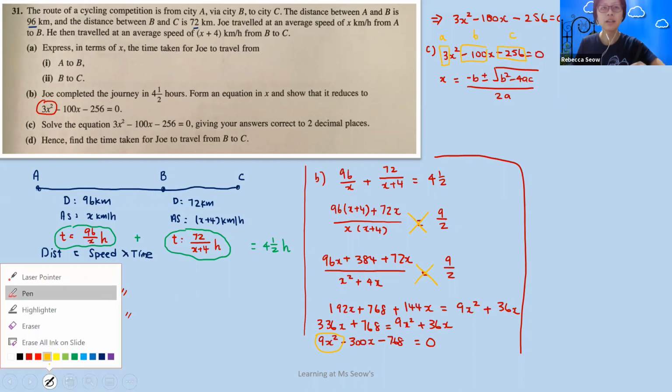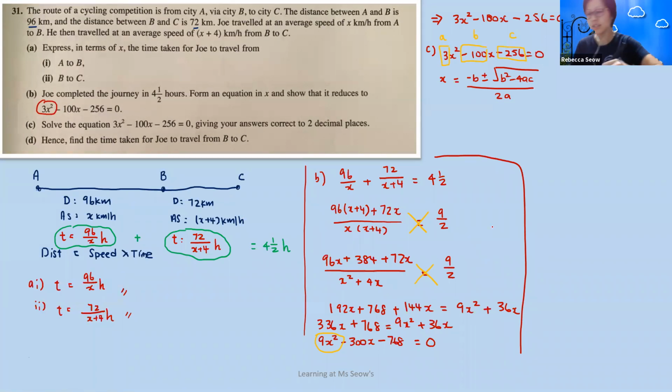Okay, and after we do a direct substitution, we will be having minus minus 100. So it's actually plus positive 100 plus minus 100 square minus 4 times 3 times minus 256.